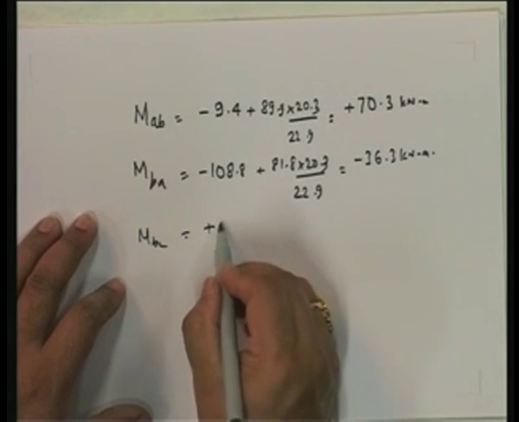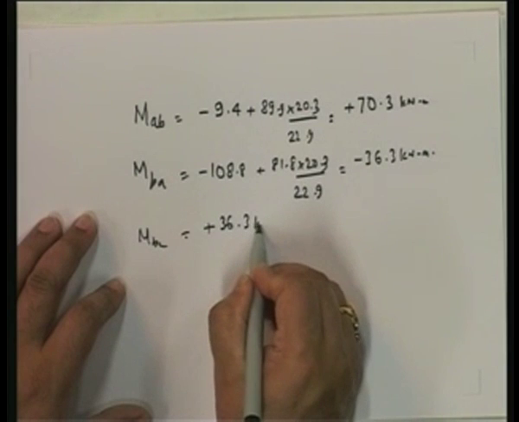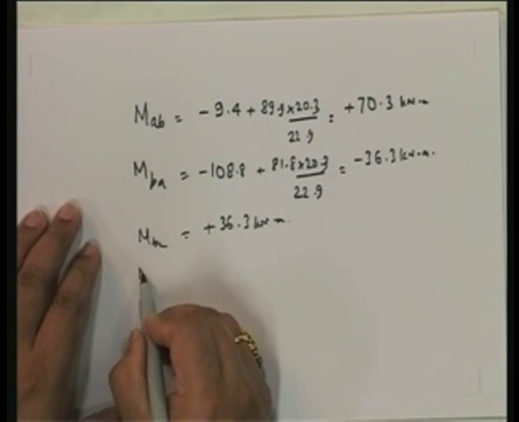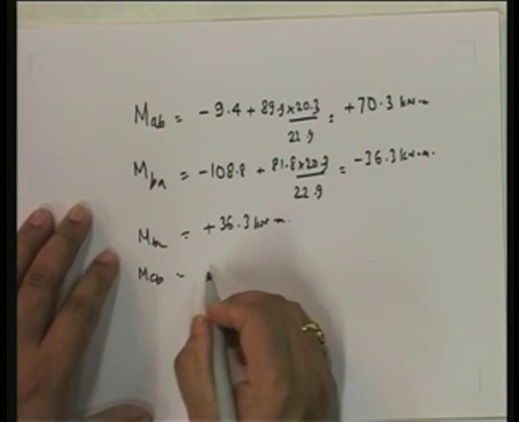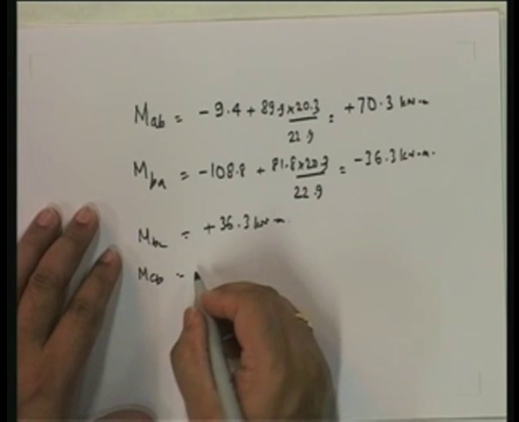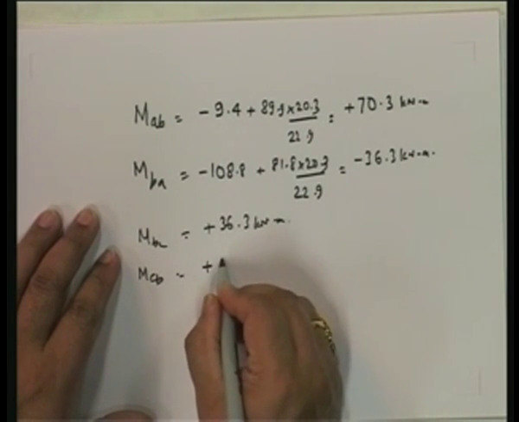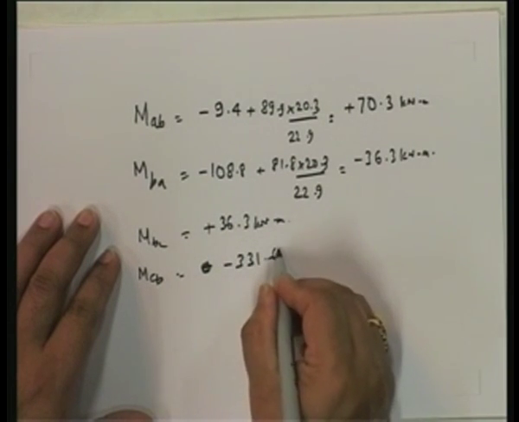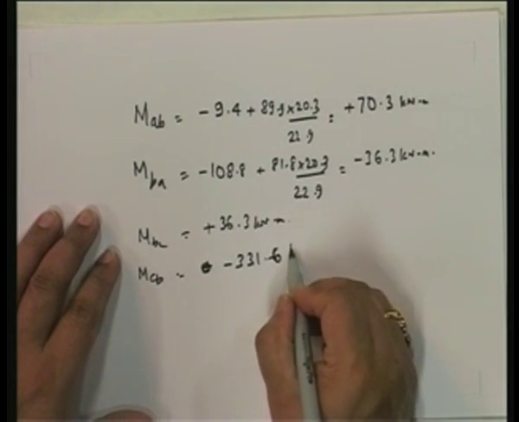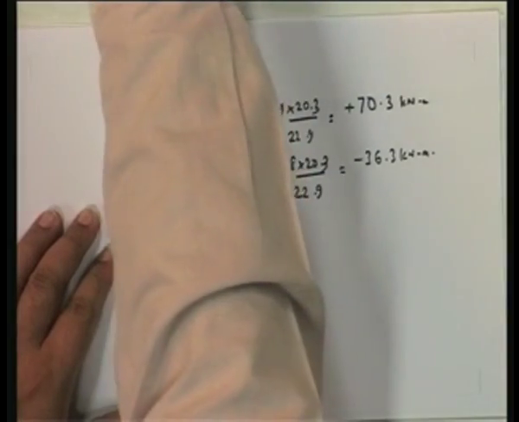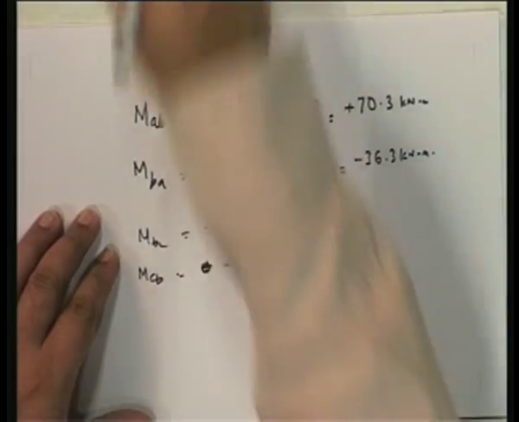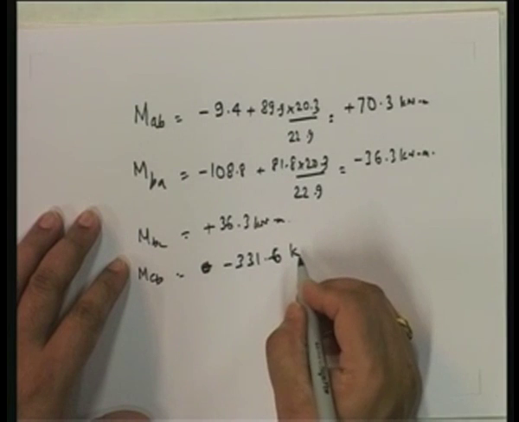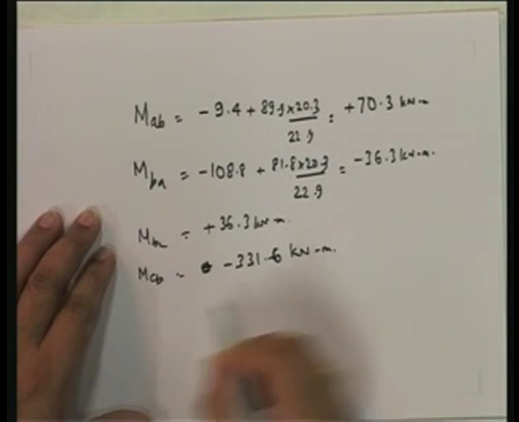MBC similarly is equal to plus 36. MCB, if you add them up, you get it equal to minus 331.6.